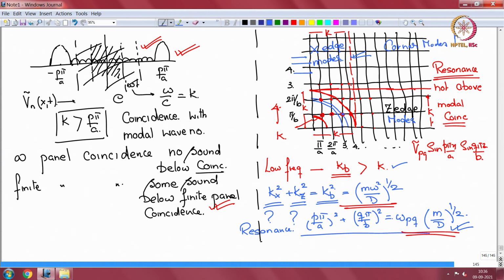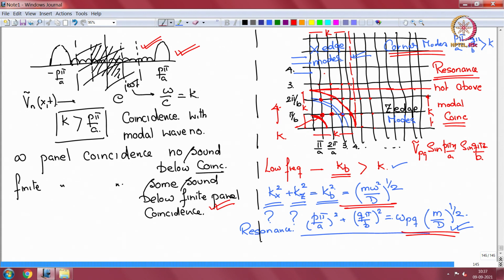Here both P pi by A and Q pi by B are greater than K, so they are corner modes. So in the beginning when the K quarter circle is small, all the modes are corner modes, and slowly based on the dimensions A and B, they either end up in X edge modes or Z edge modes.